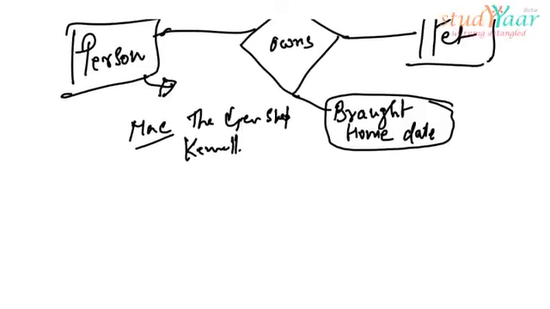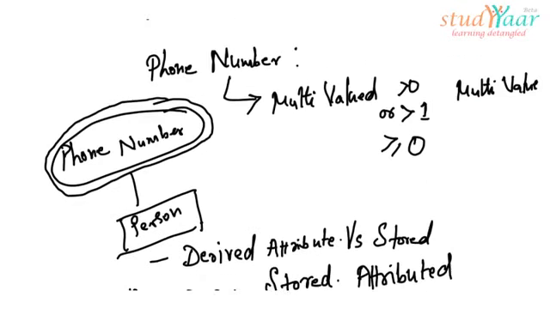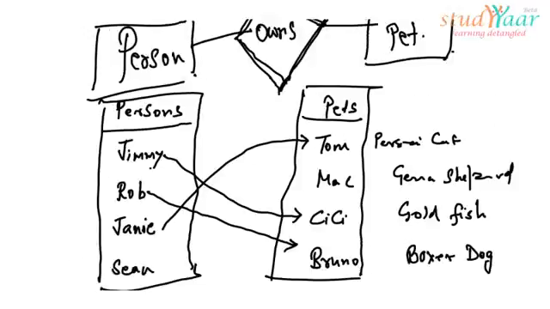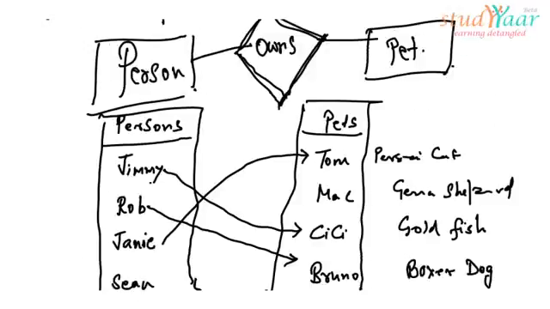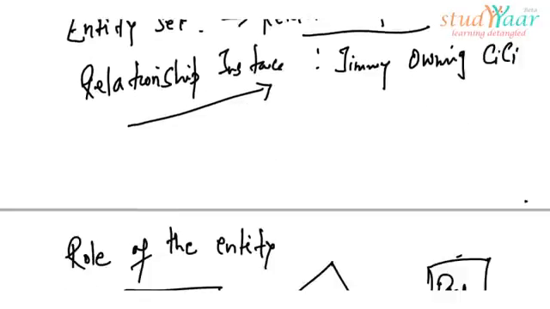Okay? So we say, where did our example go? Okay, we don't have Mac being owned by anyone. Okay, so I would take this Rob and Bruno example.